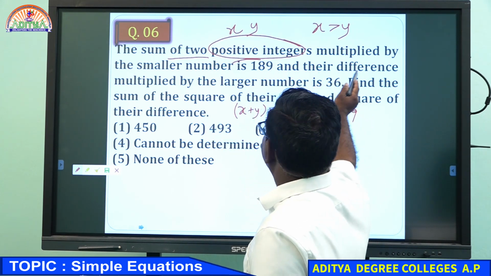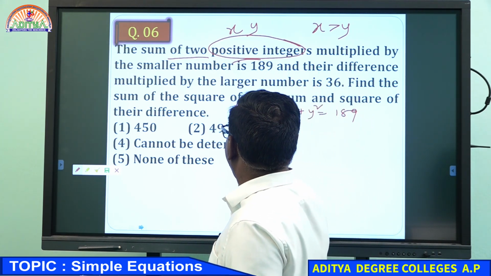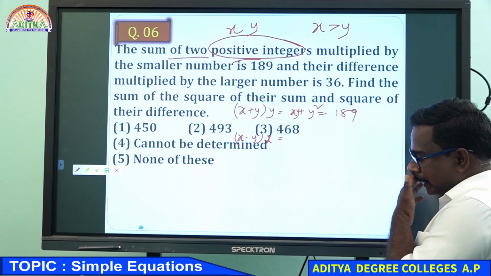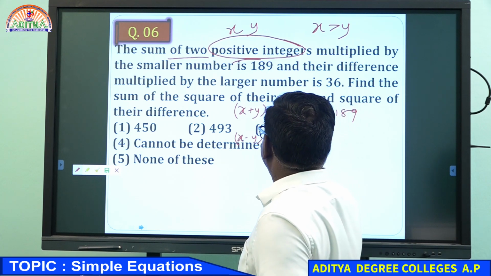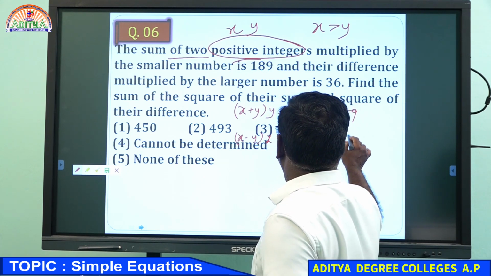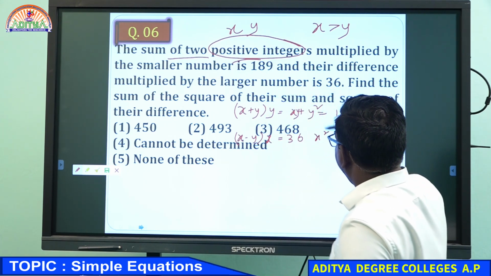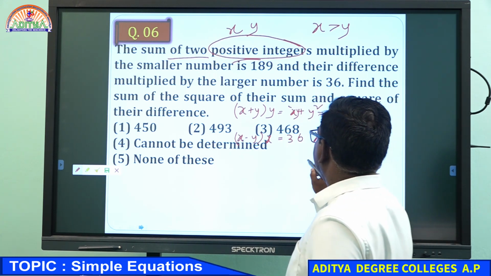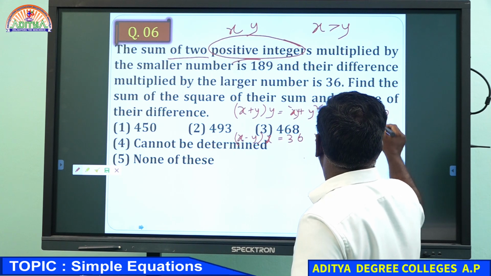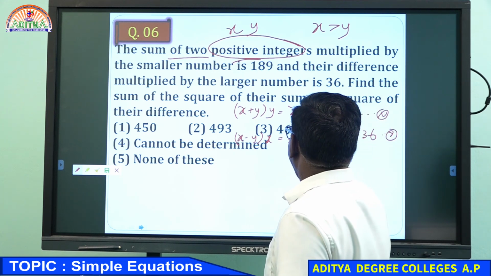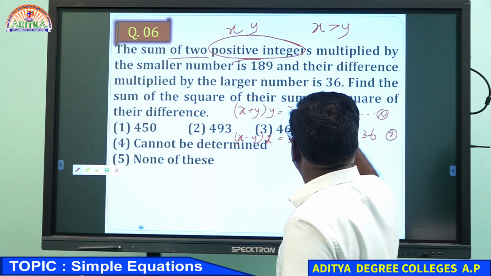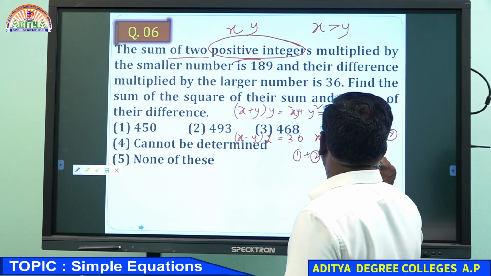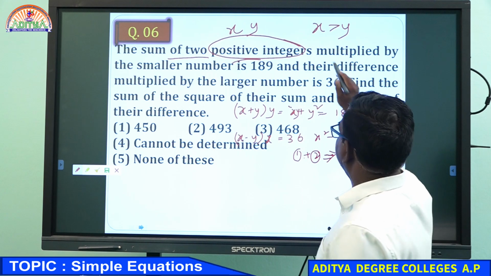Second condition, the difference x minus y is multiplied by the larger number, that is 36. It means x square minus xy is 36. If you add these two, xy minus xy cancelled, x square plus y square equals 225. We got this from the given conditions.